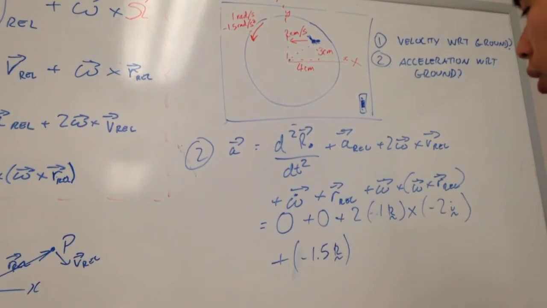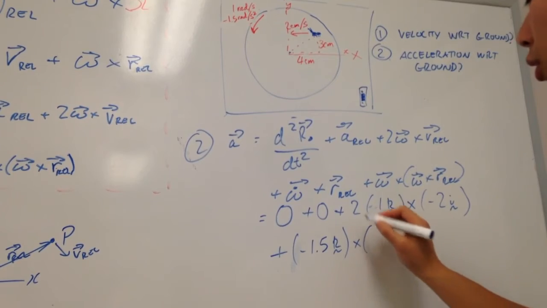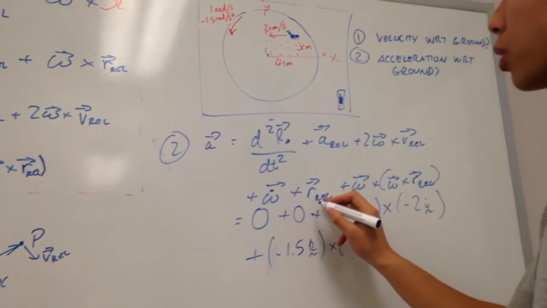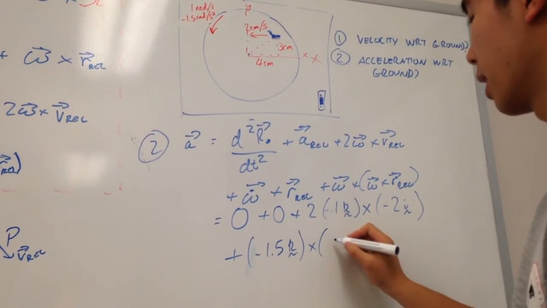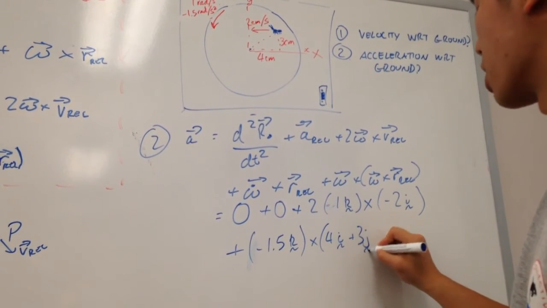And that's crossed with RL, the position of the ant with respect to the intermediate reference frame, and that's 4i plus 3j.